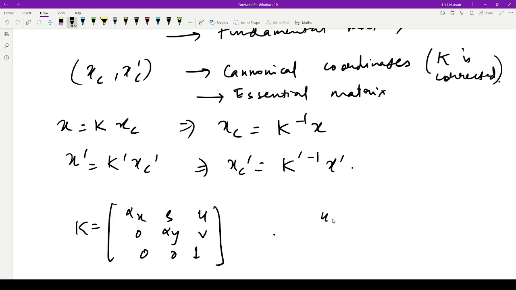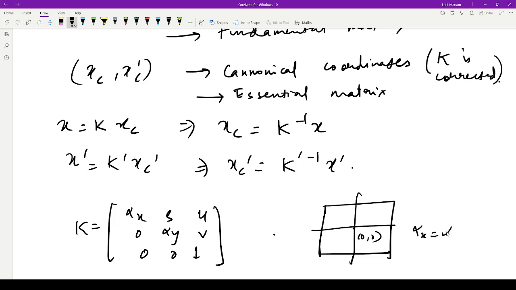Corrected for the calibration matrix means that u comma v will be 0. That means it will be at the center of the image plane, and the focal length will also be corrected to 1. That means it will be similar to the pinhole camera. s should be 0.